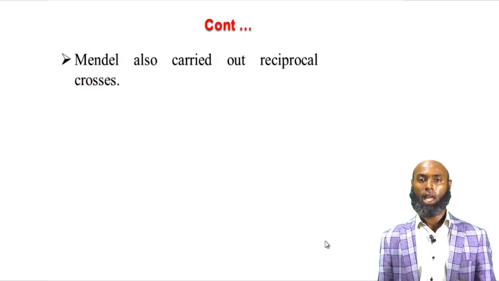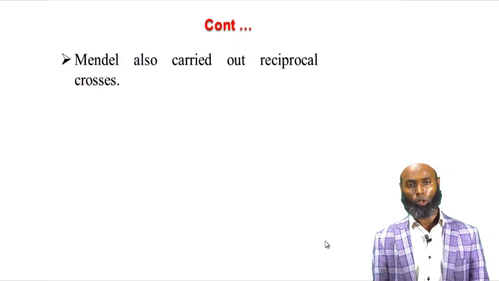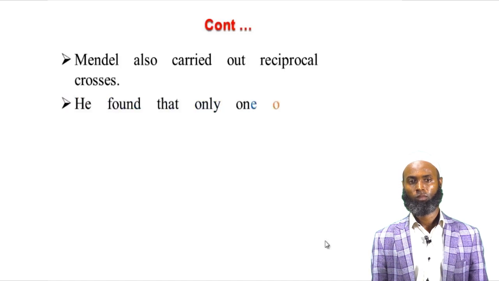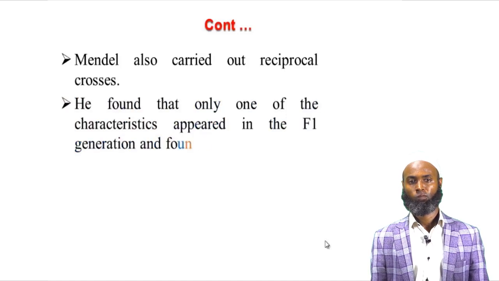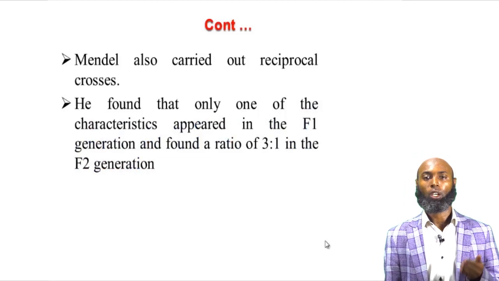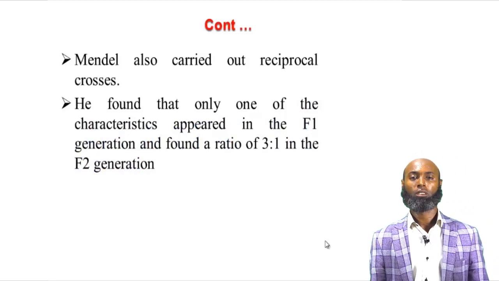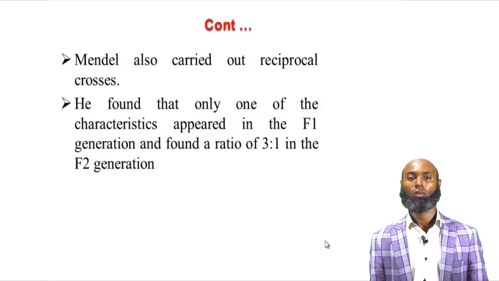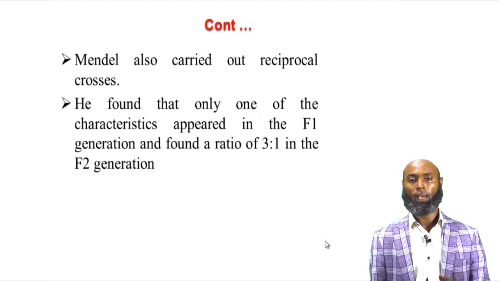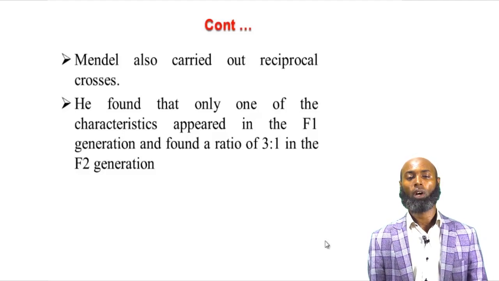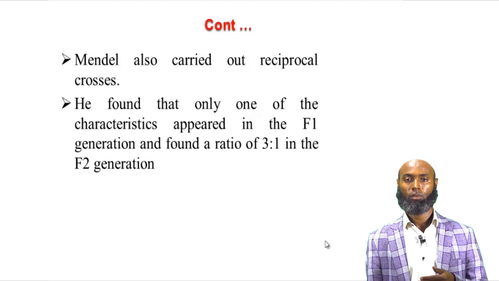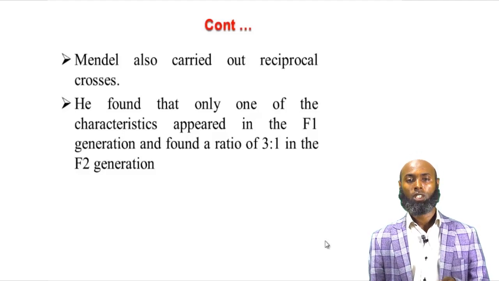Mendel also carried out reciprocal crosses. He crossed the F1 generation, and in F2 he found that the phenotype became a 3-to-1 ratio.